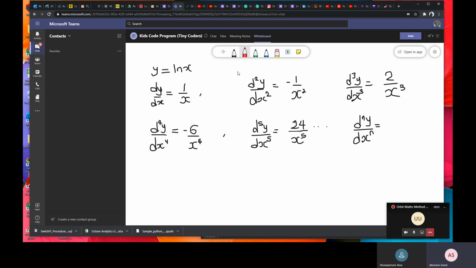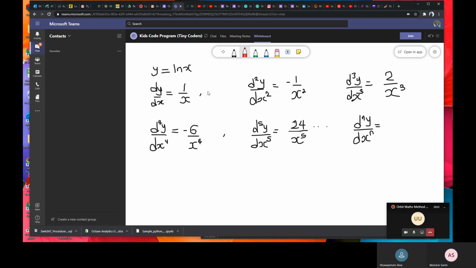Now the pattern I can find here is that if you notice, the derivatives at odd numbers are positive, while at even numbers they are negative. So the first derivative is positive, the third derivative positive, the fifth positive, and for the evens you have it to be negative. Now there's a pattern.